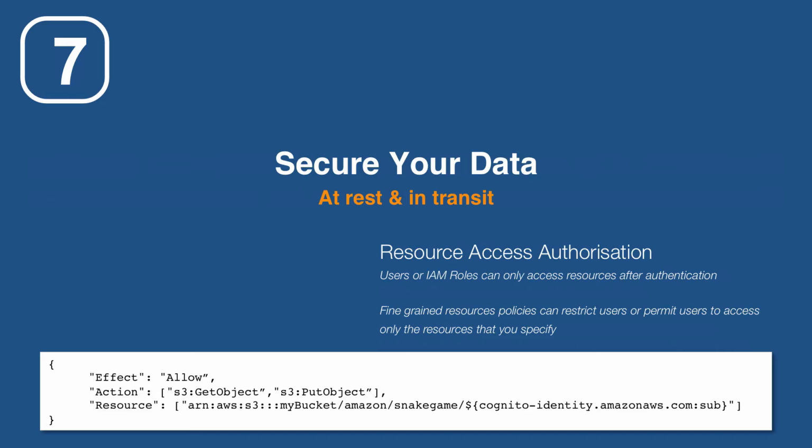And you can see an example there of using a policy together with Amazon Cognito, which is one of our recently announced mobile services. This particular policy is quite a sophisticated one, so it will restrict access to a particular prefix within S3 using an expansion variable, which is this particular user's Cognito identity, which is a unique identifier for each user that makes use of a particular mobile application.